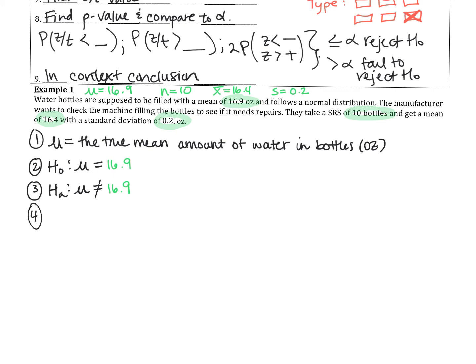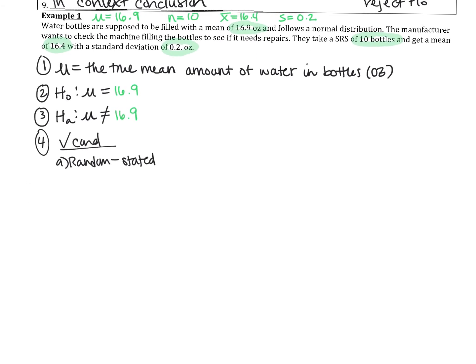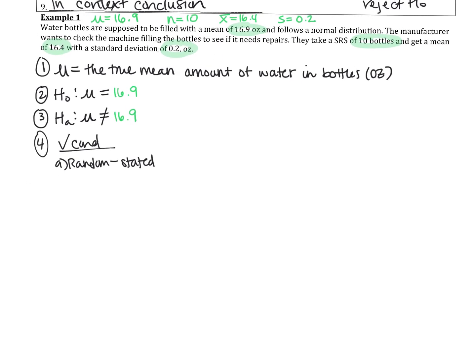Cool. Let's keep going. Step 4, check conditions. Is it random? It says SRS over here, so that's stated. Nice. Step B, is it normal?